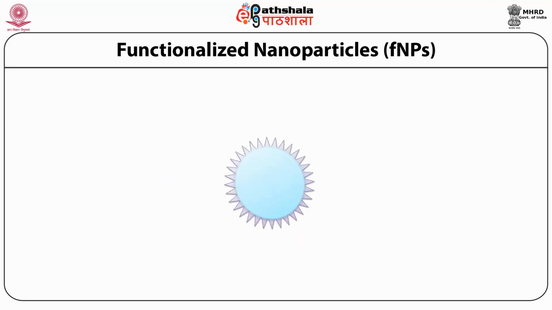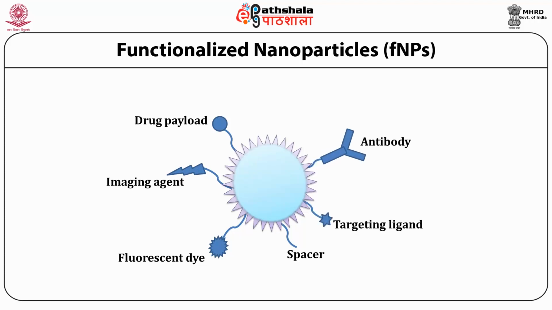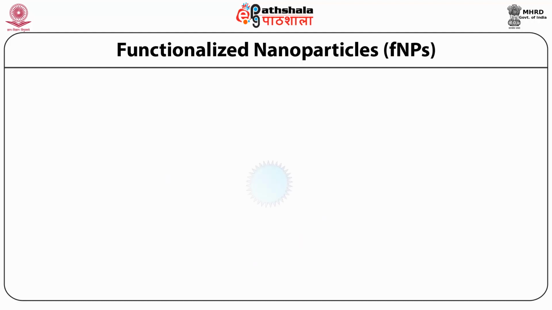So this could be a targeting agent. We can use targeting ligands like folic acid, mannose, LHRH, and some other peptides for the targeting. Then there is a spacer and a fluorescent dye or some other imaging agents like MRI contrast agent or some other imaging like phthalocyanine, etc., that could be used with the nanoparticles.